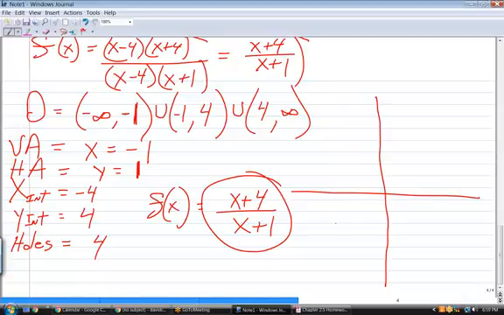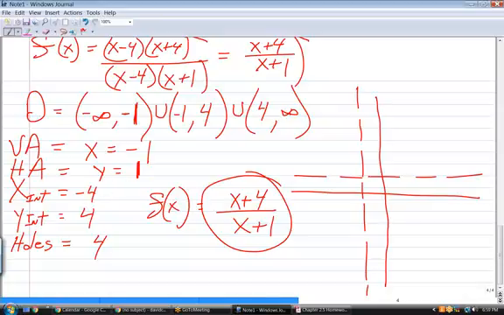Where's the first asymptote? The first asymptote, the vertical, that's -1. So you could go down 1, and then make a line. And for the horizontal, you go up 1. So that's kind of like a new grid. Where's the x-intercept?